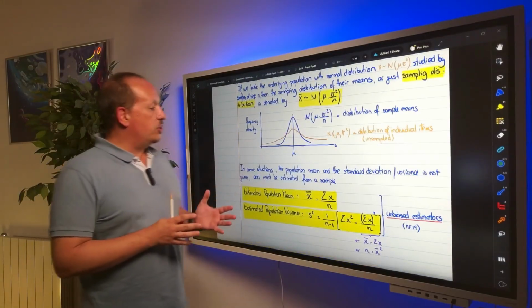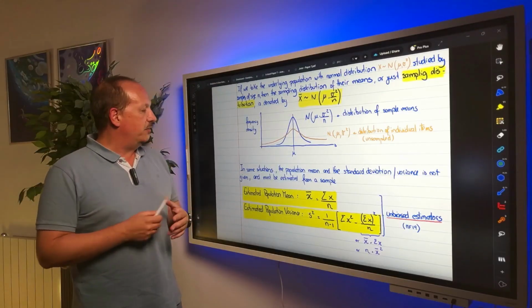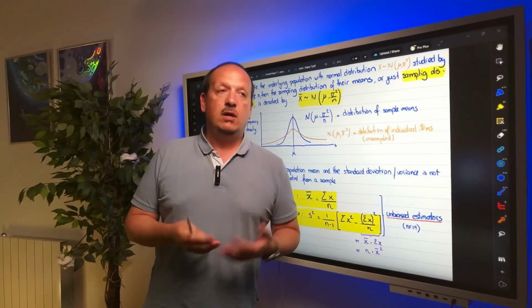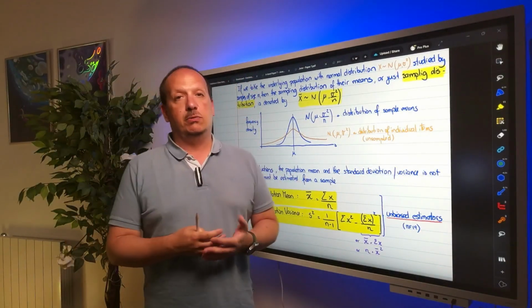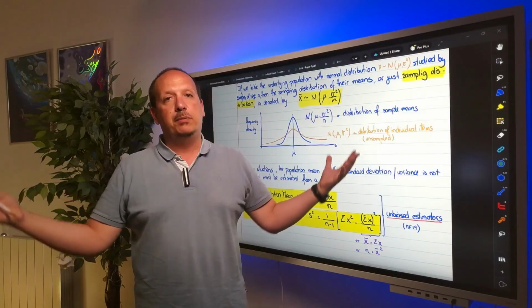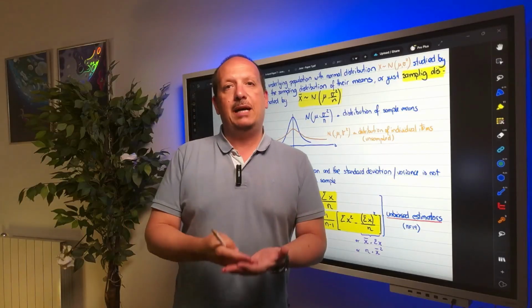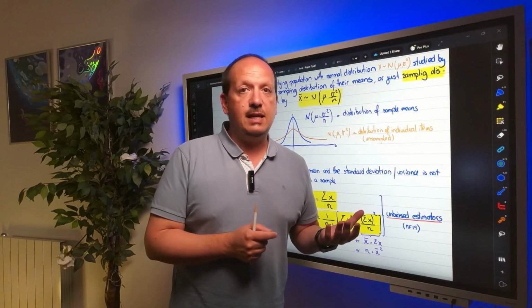In some situations, the population mean and the standard deviation or the variance cannot be given and must be estimated from a particular sample. Not in this case, but there may be situations in which it is impossible to get the mean of the parent population. So we make an estimate of what that mean might be based on the information that we get from a certain sample.